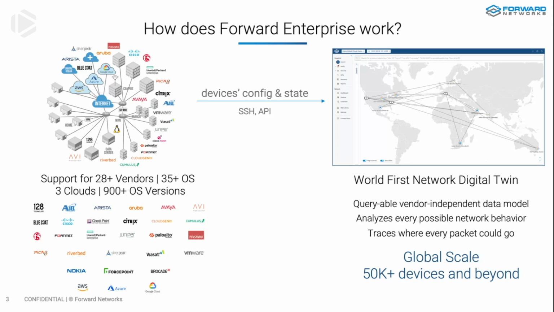So you don't have to be an F5 guru, a Cisco guru, a Versa guru, or whoever to get data out of it. It's one standard query language that you can get data out of it. But the cooler thing that we can do is we can analyze everywhere a packet can go without ever sending a packet through the network. Just through the production network, you emulate it all in the network model using math and figure all of that out.